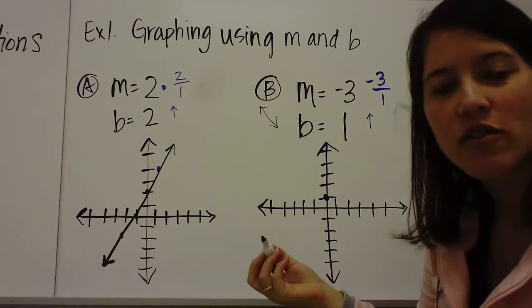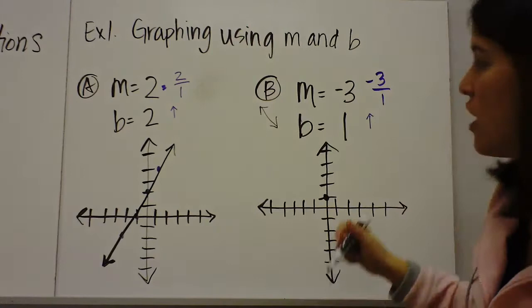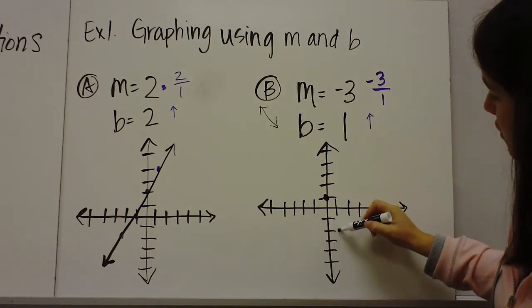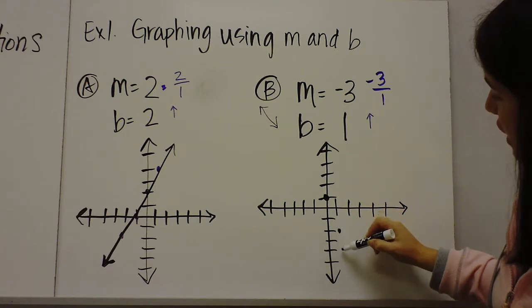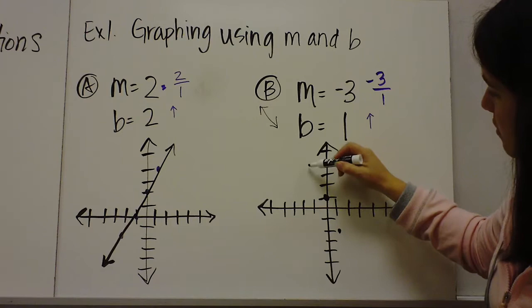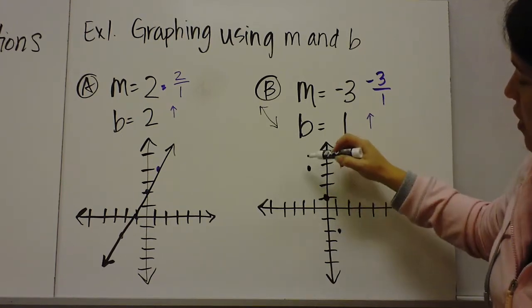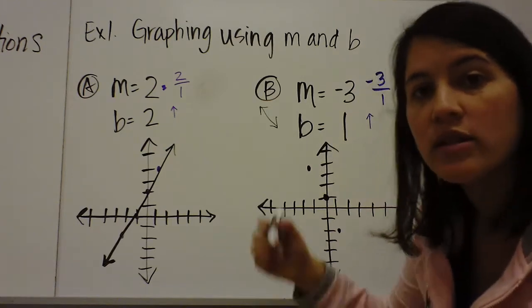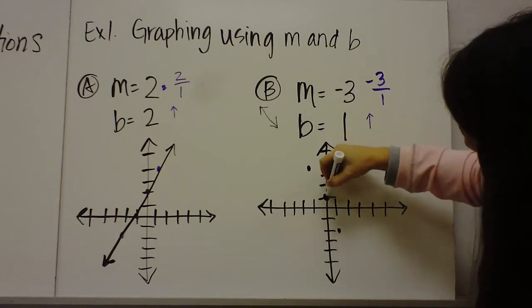That gives me a direction of how I'm going to count. So I'm going to go down 3, 1, 2, 3 over 1. I can go down 3 again, or I can go up 3 over 1. So at least have 2 other points. Once you have 2 other points, then you can draw your straight line.